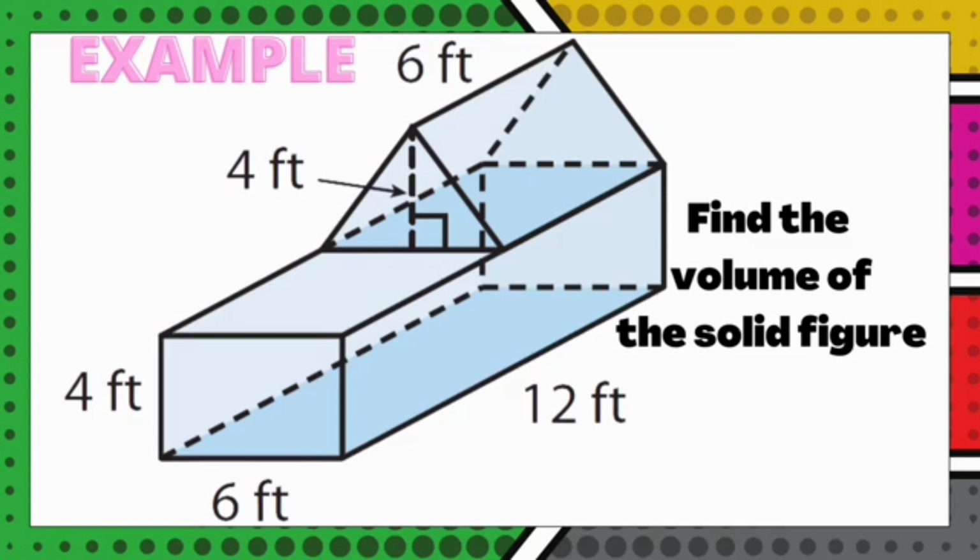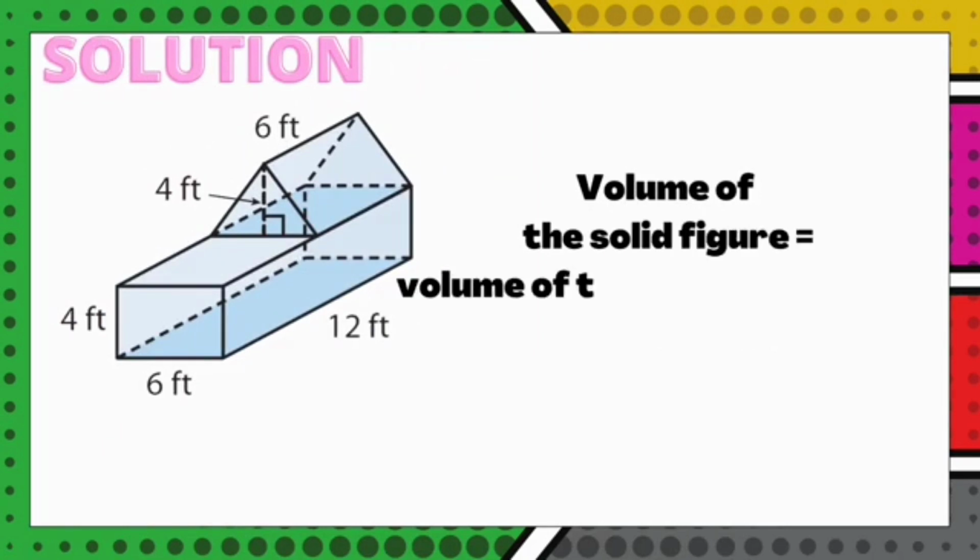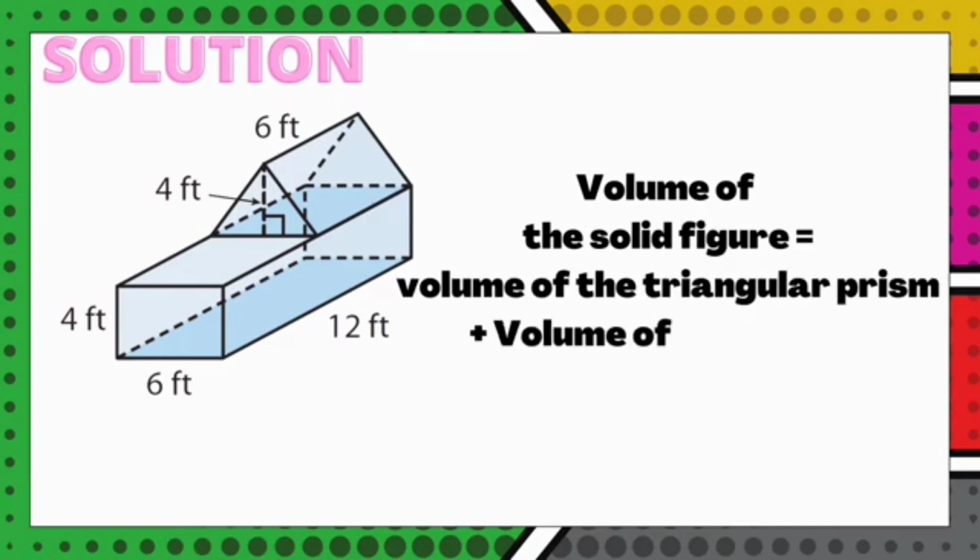While the cuboid has dimensions 6 cm wide, 4 cm high, and 12 cm long. The volume of the compound solid is equal to the volume of the triangular prism plus the volume of the cuboid.